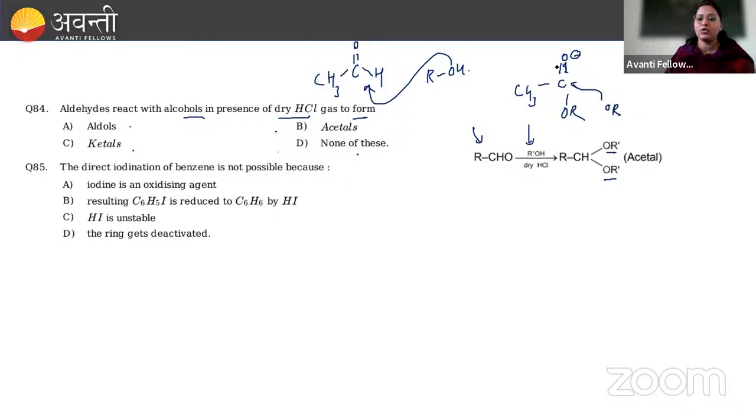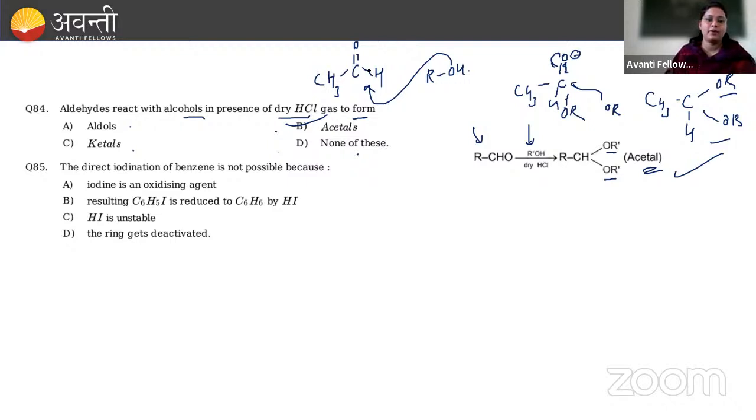Again, there will be formation of CH3 C, OR, and here OR, and one hydrogen atom as it is. Okay, so this is what, ये क्या हुआ ना हमारा acetal, one type of molecule that is going to form, and which is what? Acetal. So here option B is the correct answer. You know this, right? Yeah, you know this?